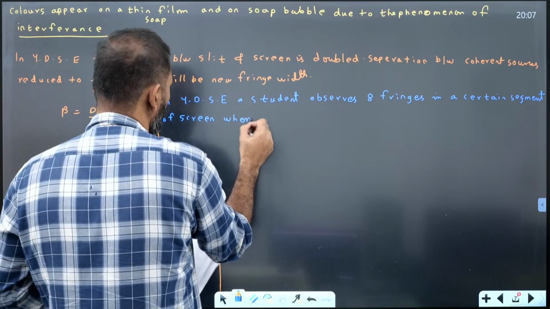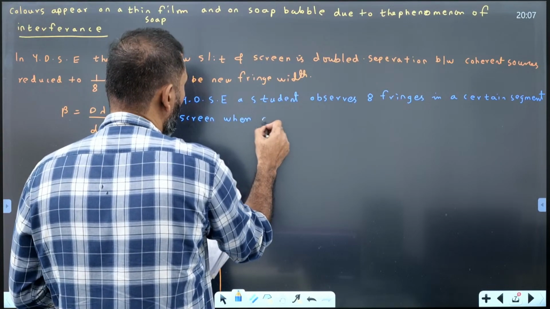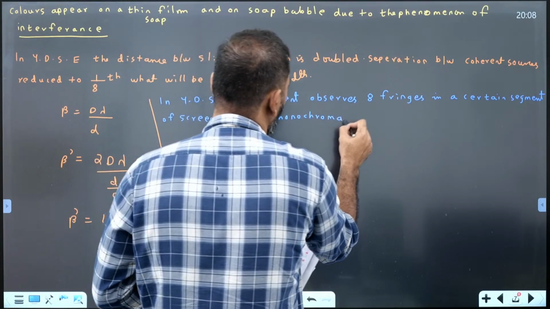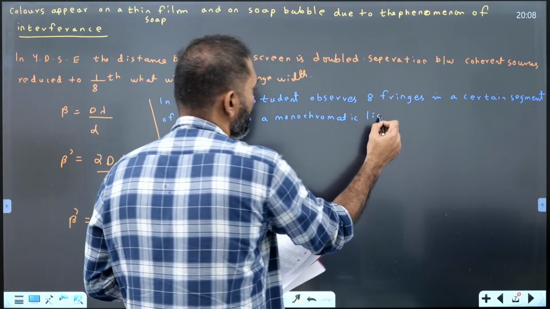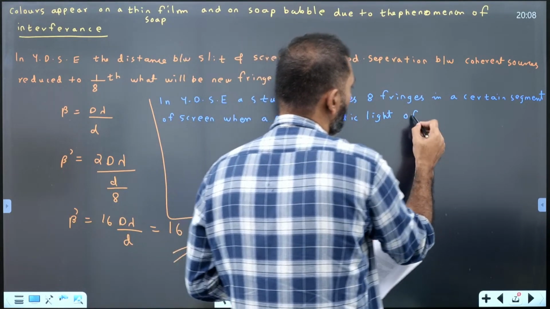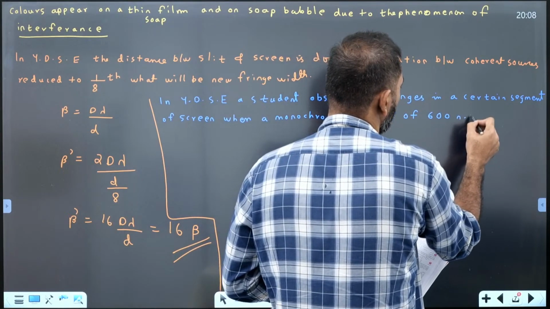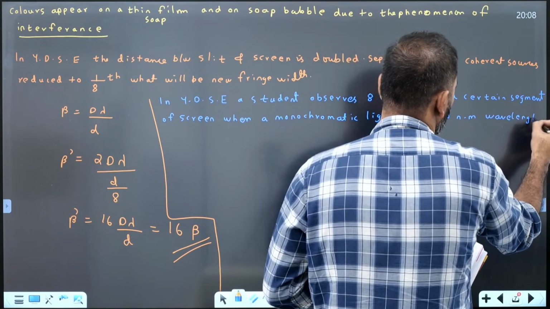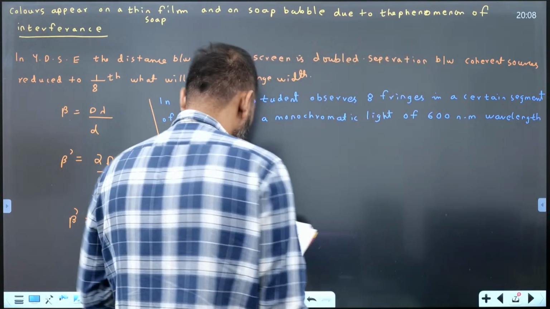when a monochromatic light of 600 nanometer wavelength is used.